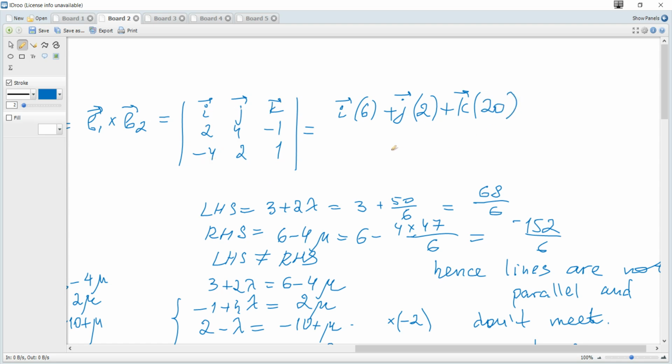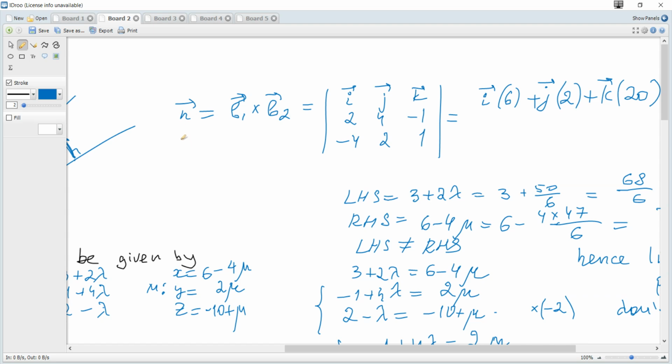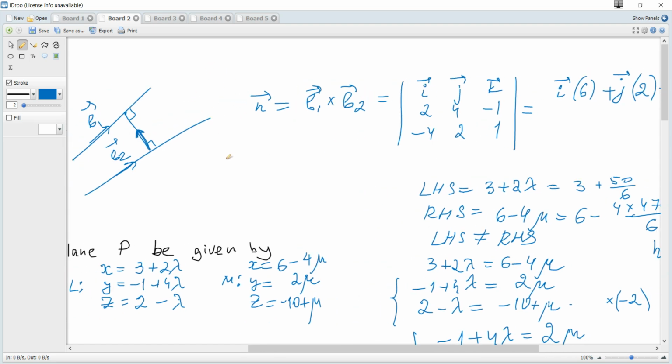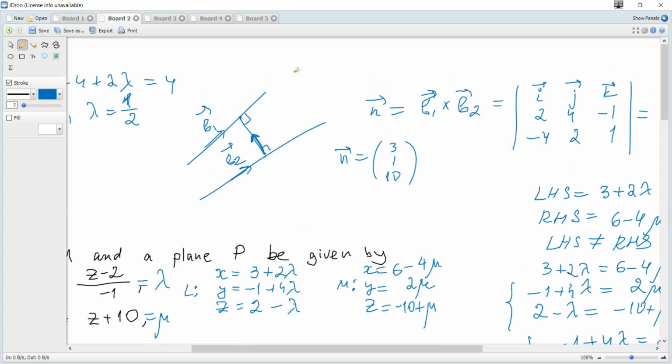Length of this vector doesn't matter, I can take any multiple, so I can take this vector to be 3, 1, 10.